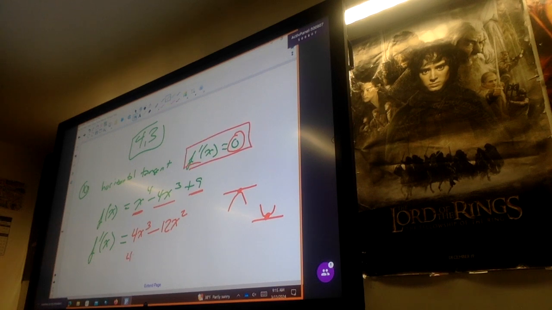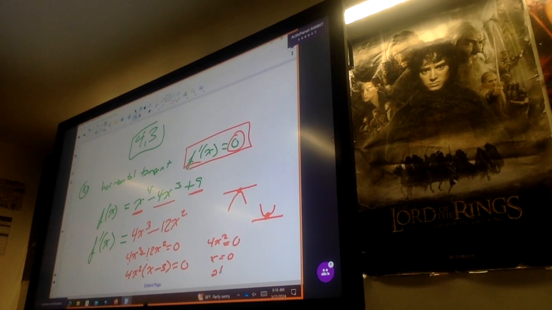So if I go 4x to the third minus 12x squared, and I set it equal to 0, and then I use a little bit of algebra, and I say, oh, look, my greatest common factor is 4 and x squared, and then I get x minus 3, set those equal to 0. I get 4x squared equals 0, so x equals 0.